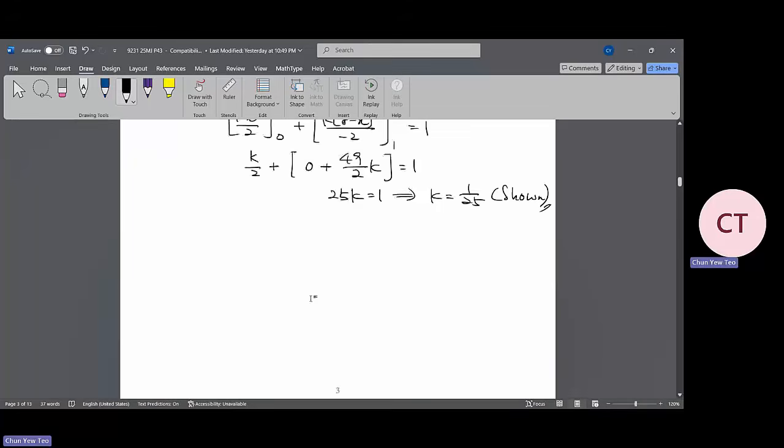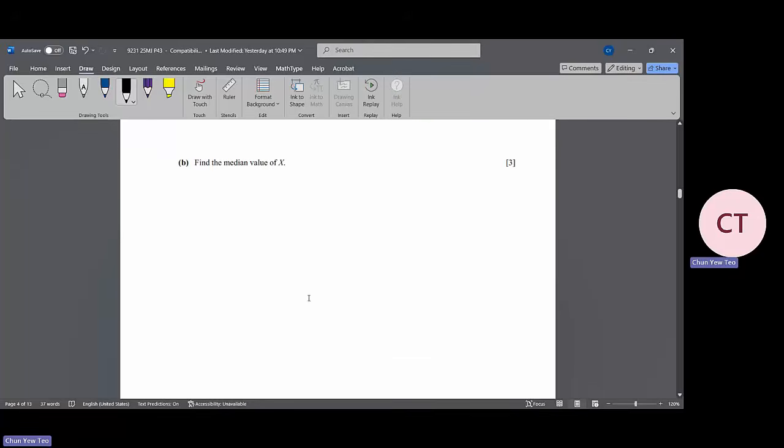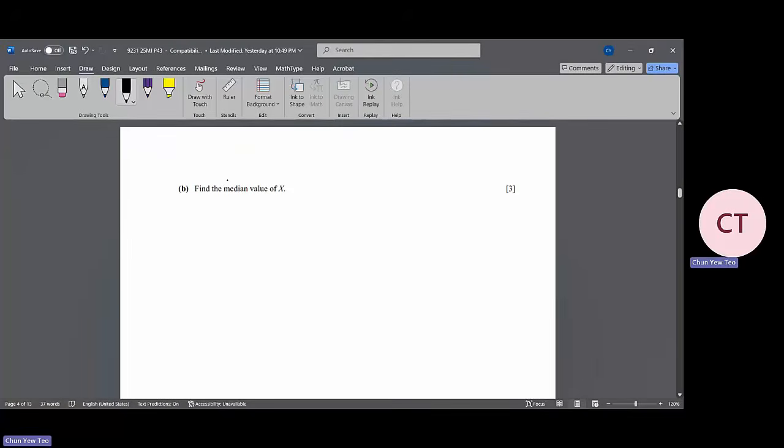Now we move on to part B. We want to find the median value of x. To find the median, we integrate 0 to 1 of kx dx and get x squared over 50, from 0 to 1, so you get 1 over 50. It's still less than half.